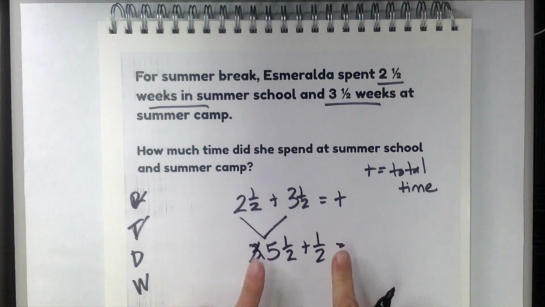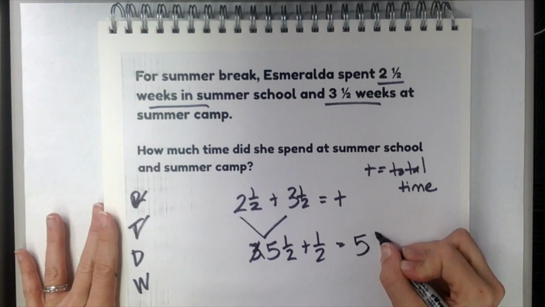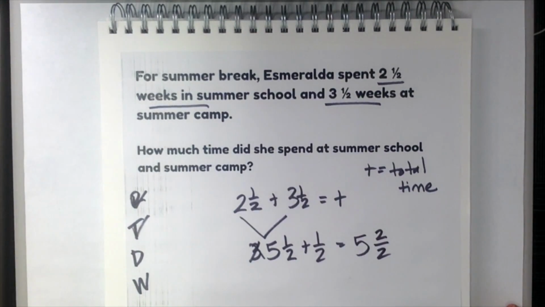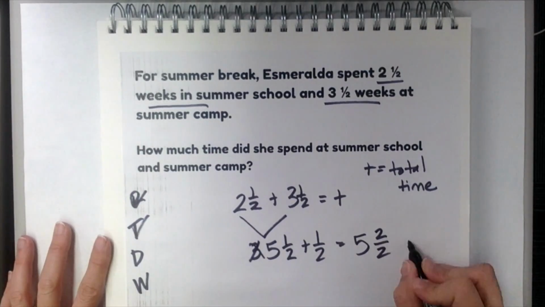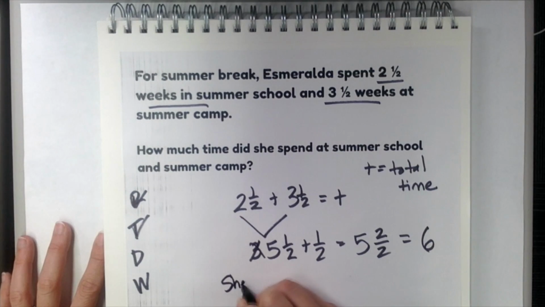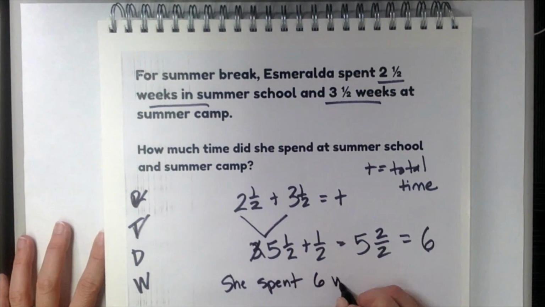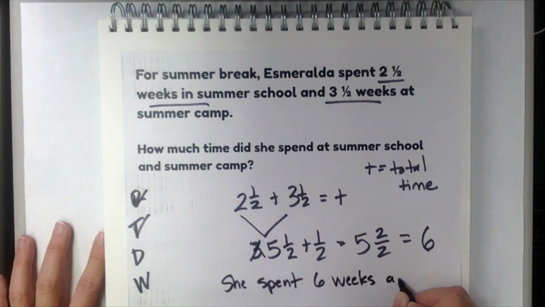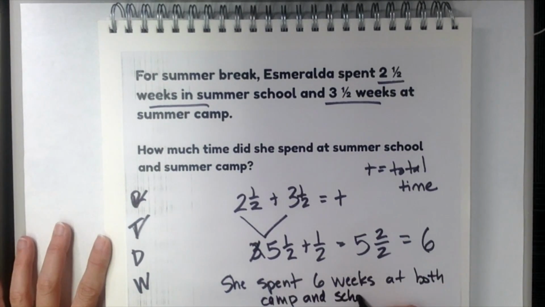And I know from last week, 1/2 plus 1/2 is 1 whole. So I'm gonna turn that into a 1 whole, and that's gonna equal 6. So she spent 6 weeks at both camp and school.